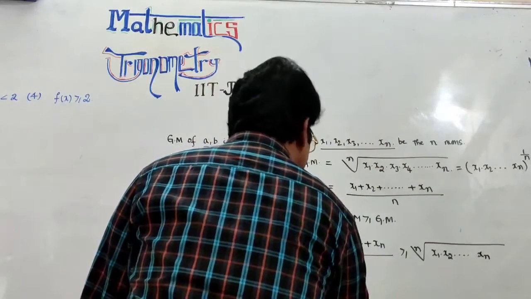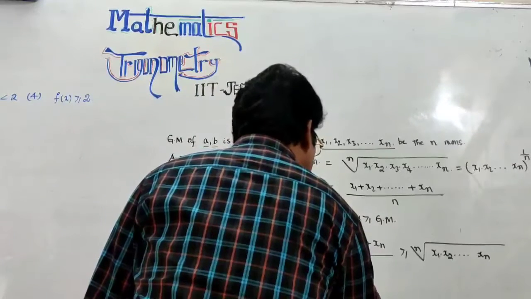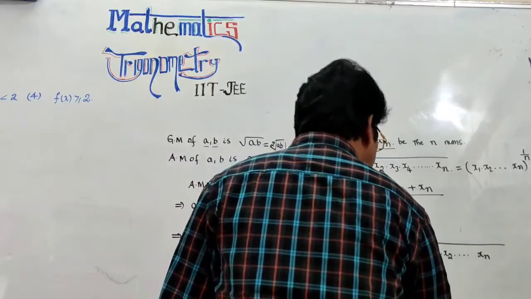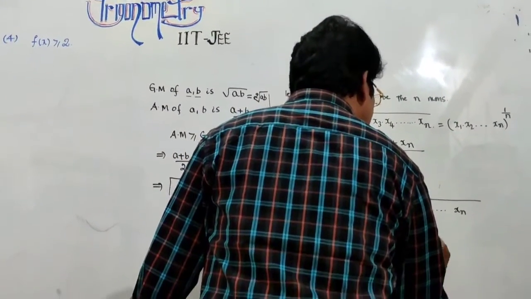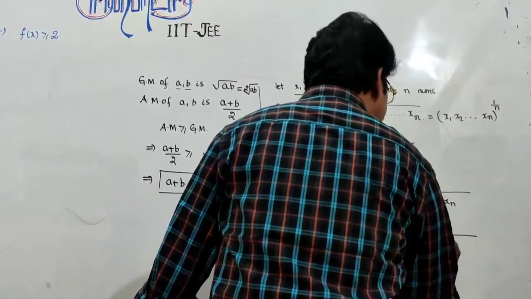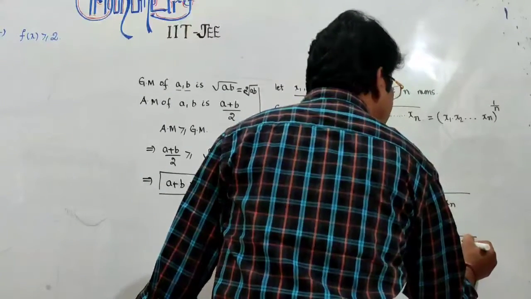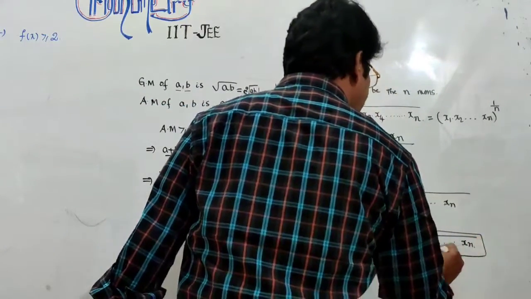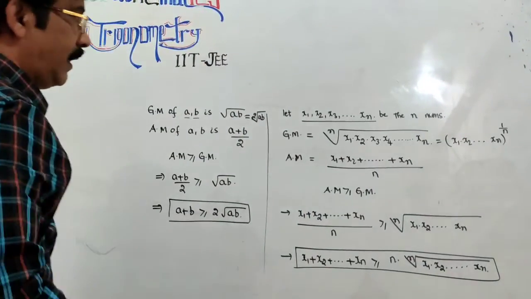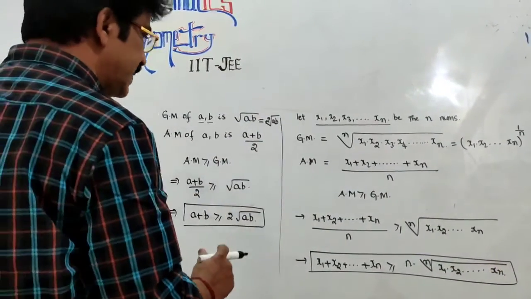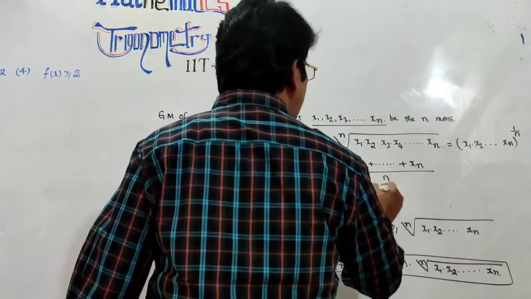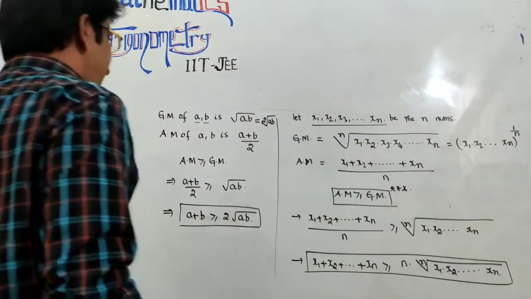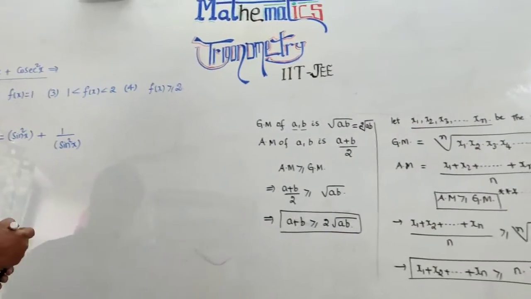So that implies x1 plus x2 plus and so on plus xn is greater than or equal to n into nth root of x1 into x2 into and so on xn. So this is the standard formula for all n elements or n numbers. Remember, it is a very important formula. Okay.